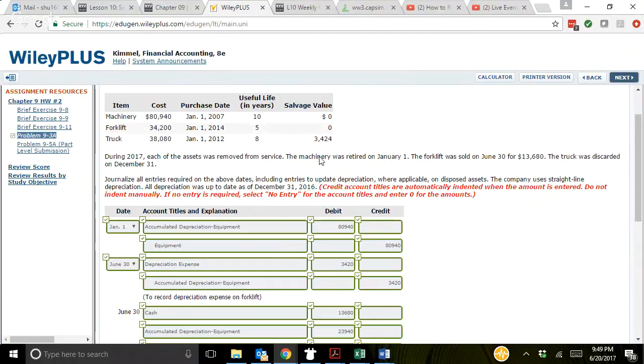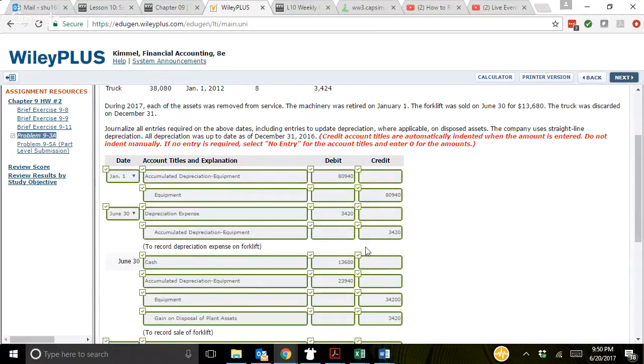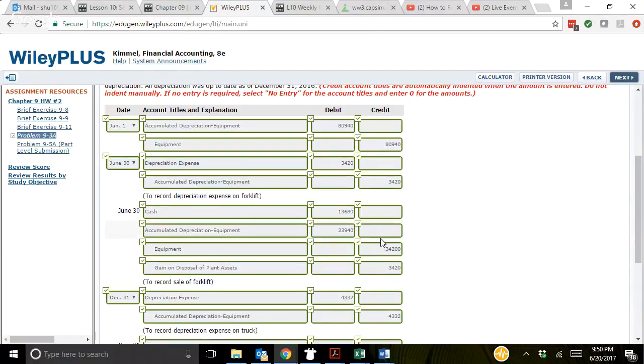So we divide 6,840 by 2, we get 3,420. That's the depreciation expense that we're putting in for those 6 months. And we're going to debit depreciation expense and credit accumulated depreciation, equipment. So then we go down to the next one.